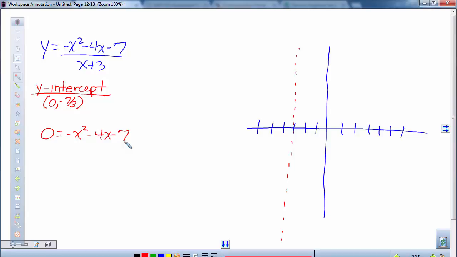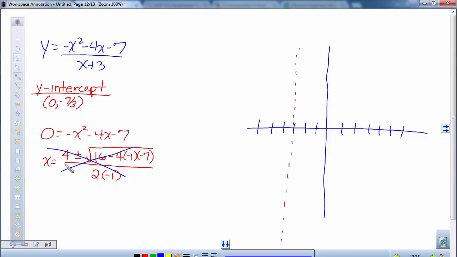We could try the quadratic formula. x equals minus b, so that would be 4, plus or minus the square root of b squared, so that'd be 16 minus 4 times -1 times -7, all over 2 times -1. Well, that's going to give me 16 minus -28, which would give me an imaginary number, so I don't have to go any farther with this.